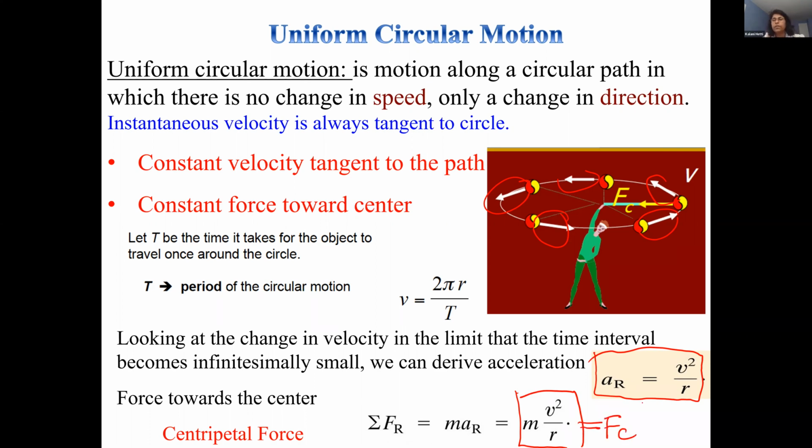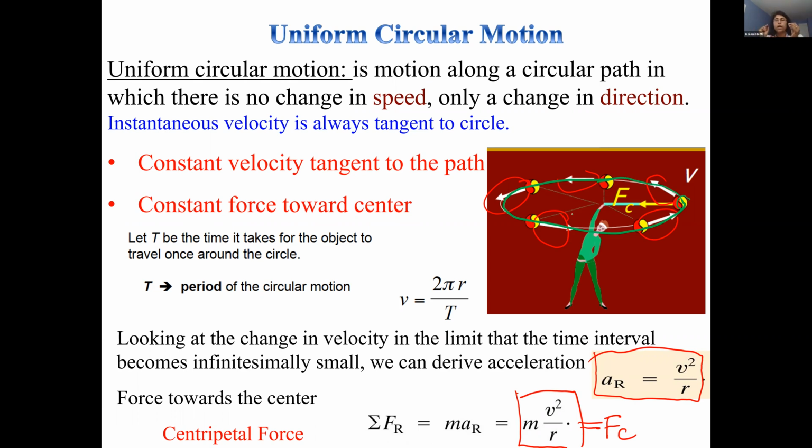In addition to that, we're going to learn later also the period of the circular motion. A simple example: if you take a circle, start from this place, go around the circle and come back to the same place, you have completed one cycle.